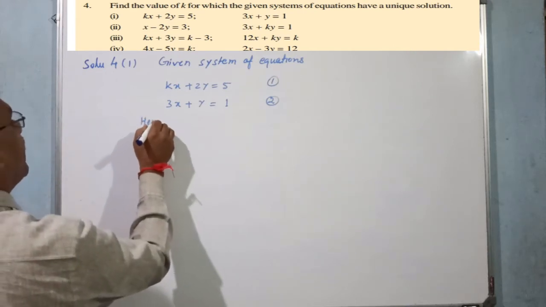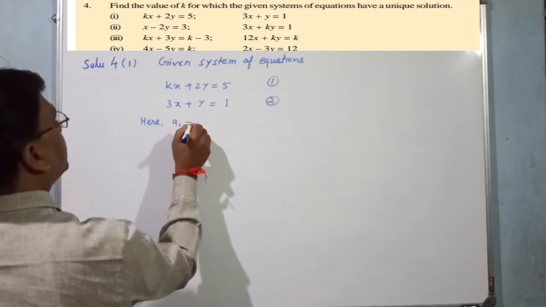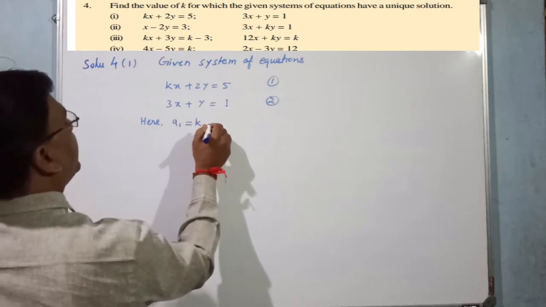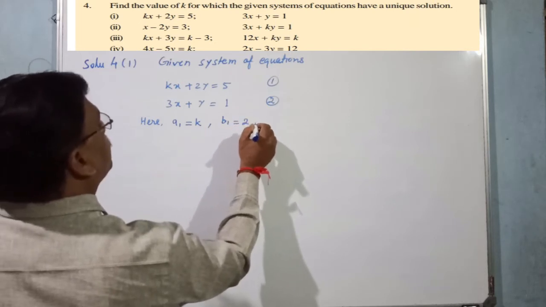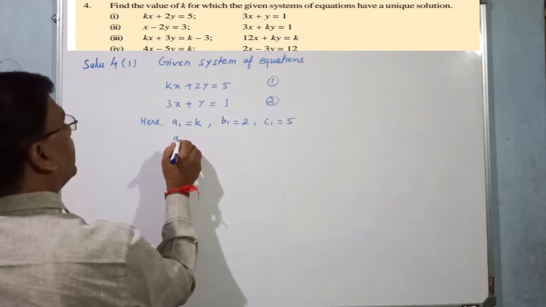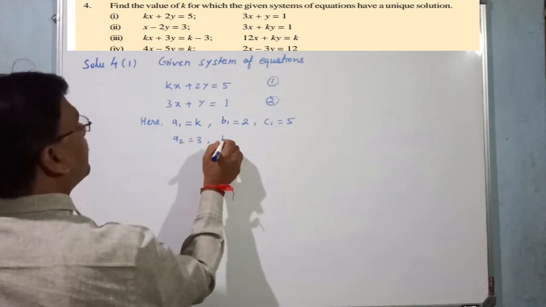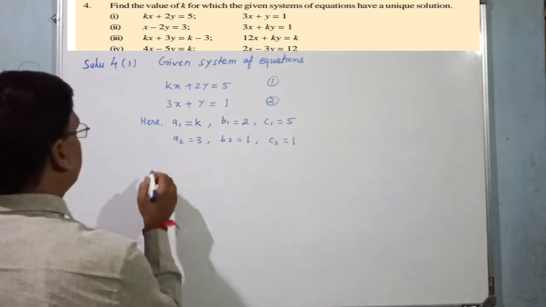Here a1 is equal to k, b1 2, c1 5, a2 3, b2 1, c2 1.